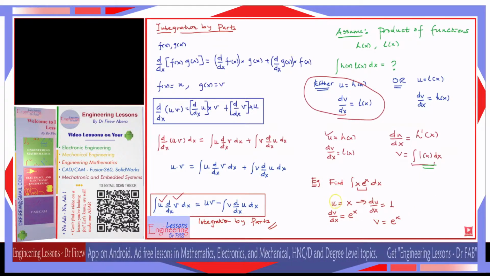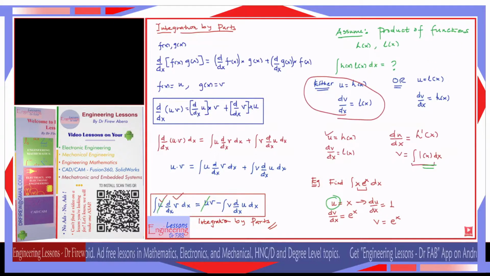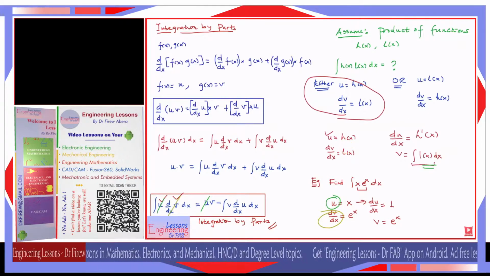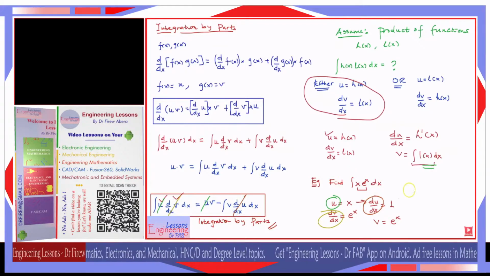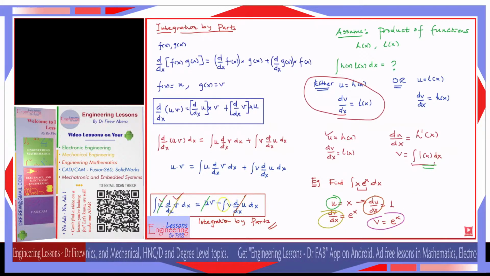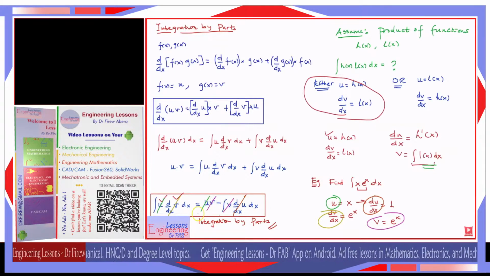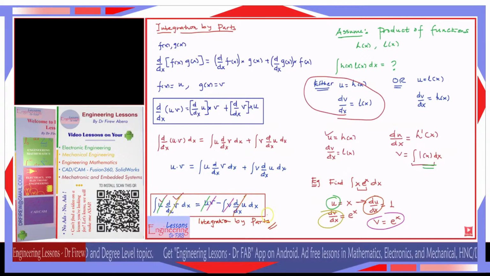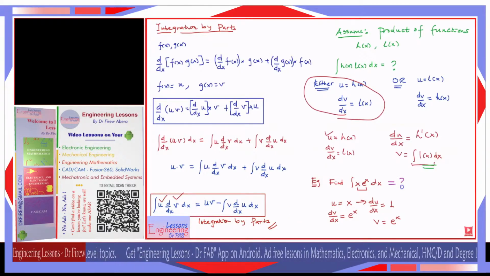So now our job is done. We have u, we have dv by dx, we have du by dx, and we finally have v. Everything is now defined, and it's easier to solve the problem.